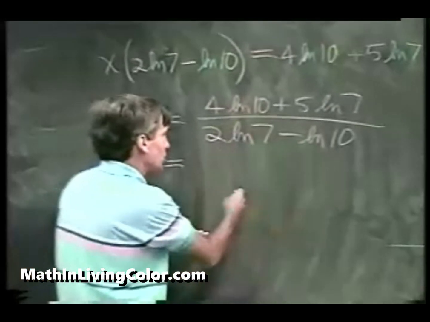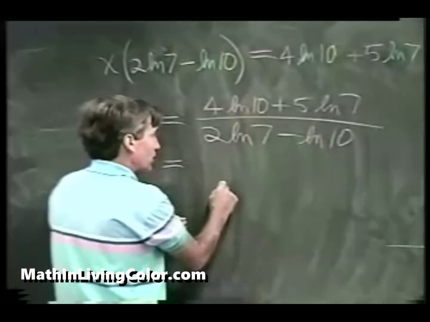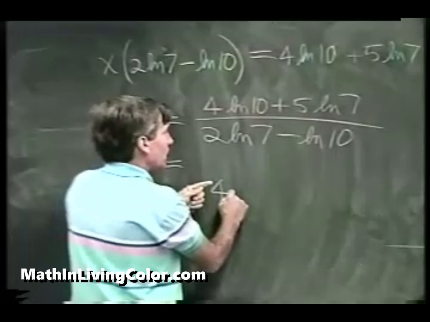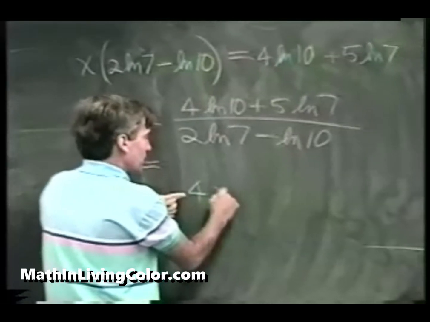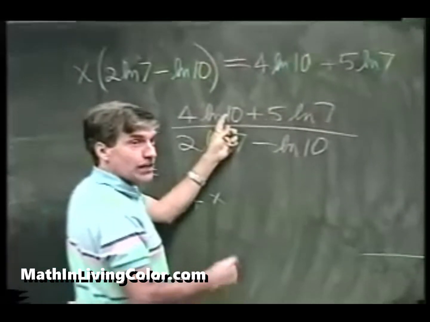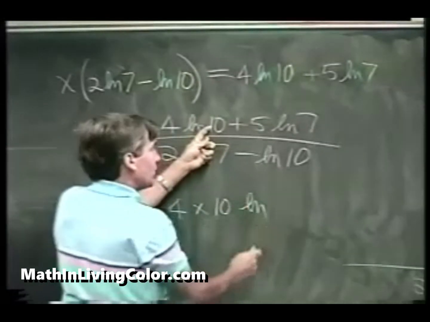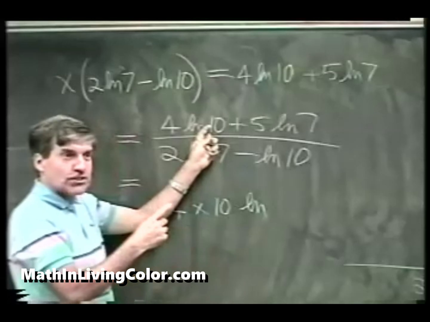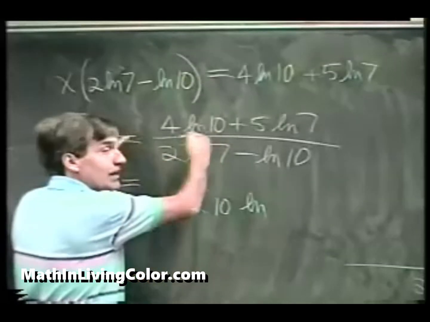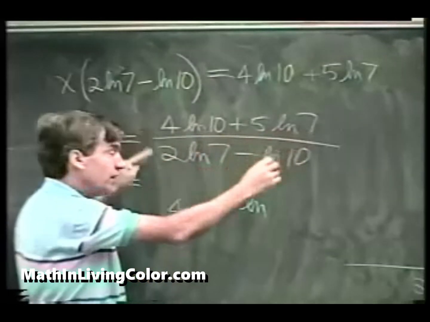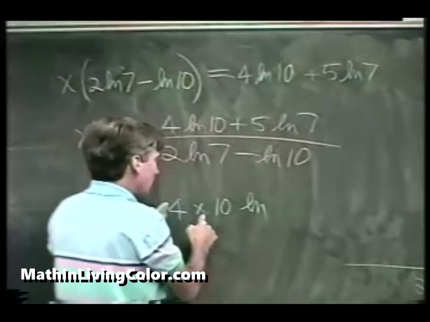Let's see what would you do first. Let's start with the 4 times 10 ln. Unless you have a graphics calculator. Now, if you have a graphics calculator, you're just pretty much going to enter it like it is. And then 4 times 10 ln.